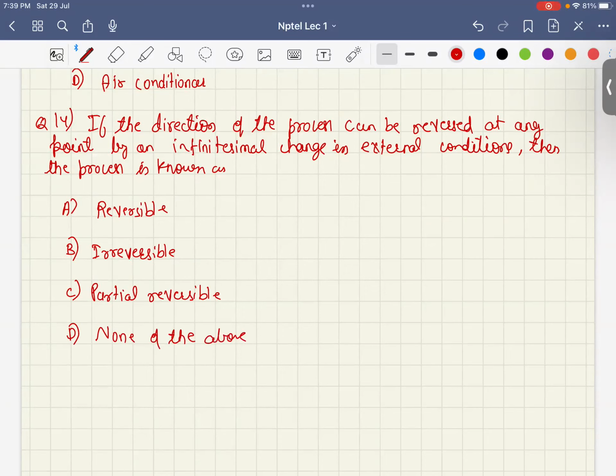I'll give you a couple of minutes to think on it. So note that the direction of the work can be reversed. That means it's clearly a reversible process.